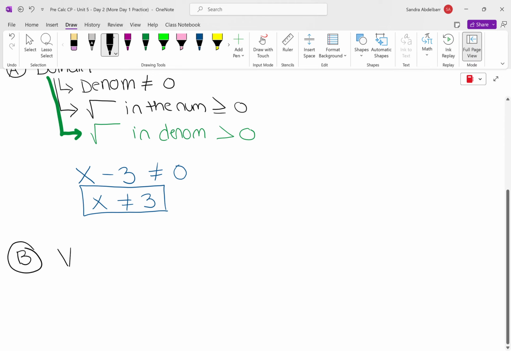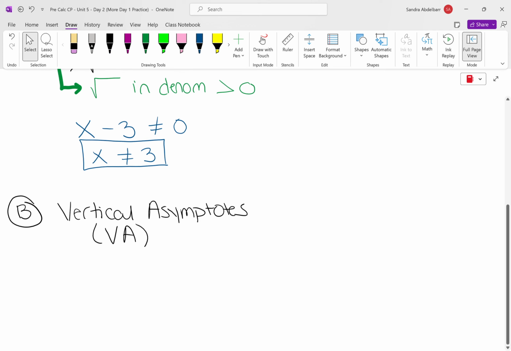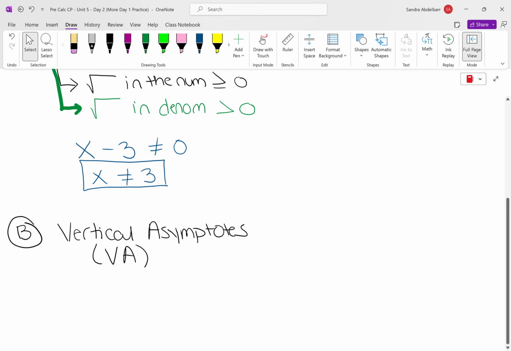Okay, next part. We're going to look for vertical asymptotes, which I write as VA, vertical asymptote. So we're going to have a vertical asymptote.